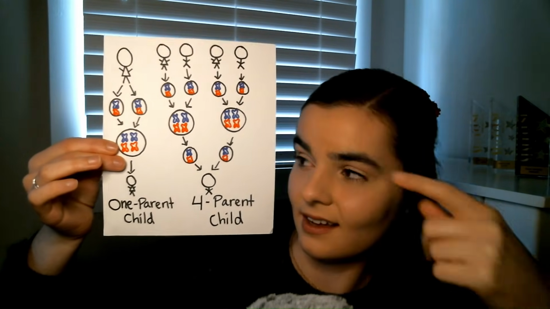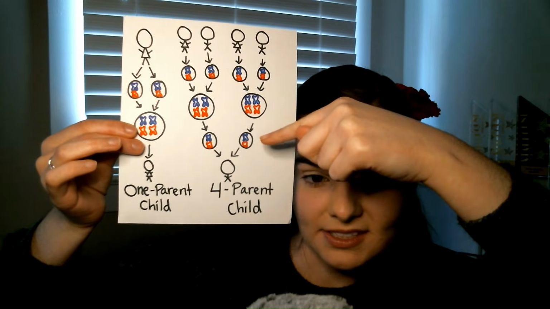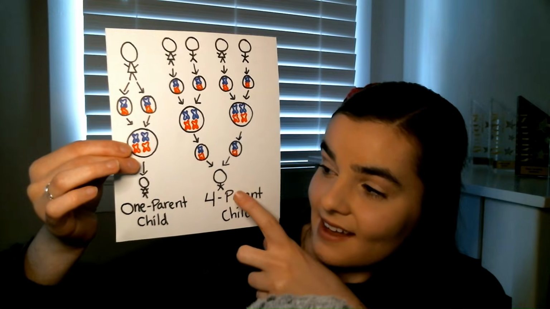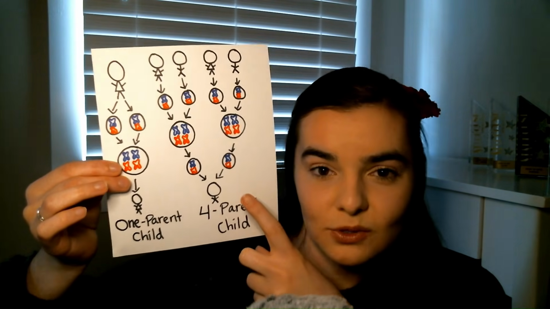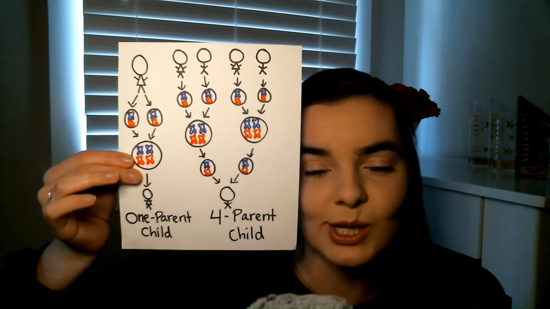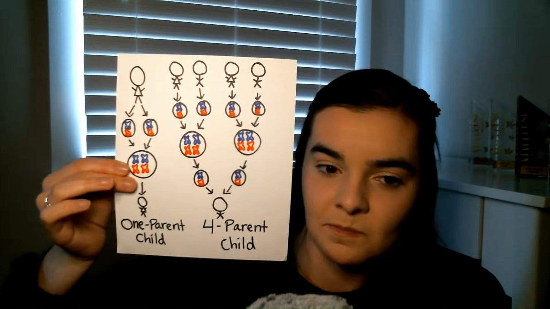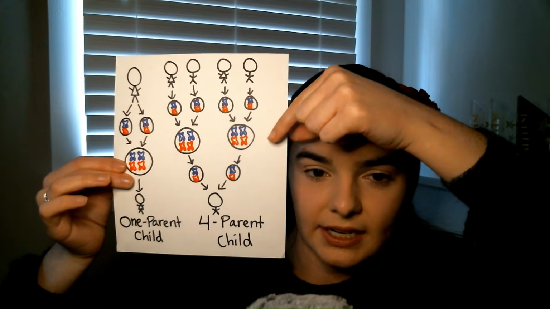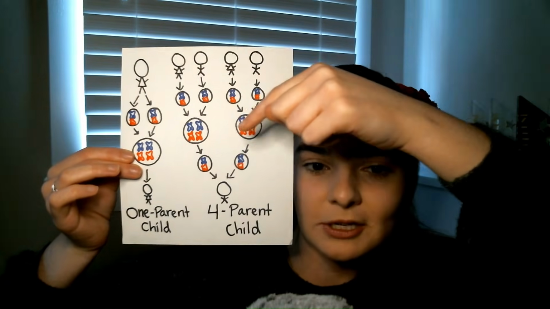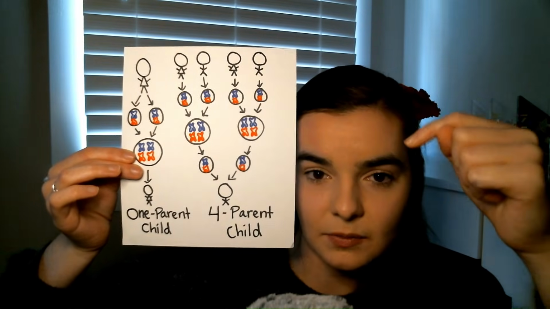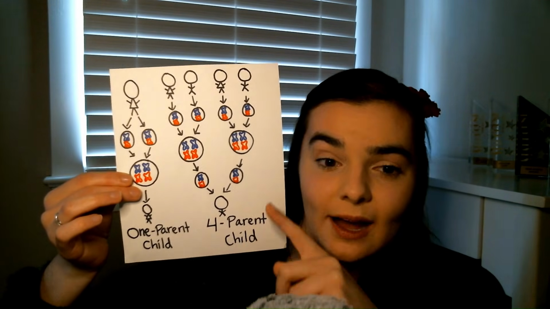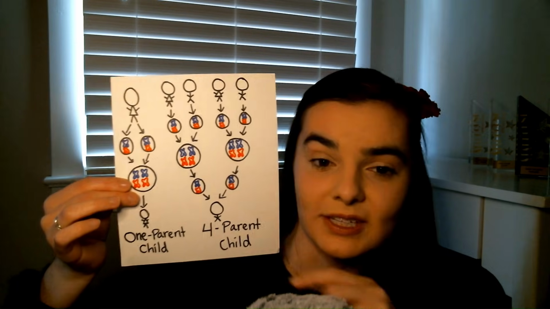We're gonna make a sperm out of this zygote and an egg out of that zygote. And then we're going to use those to make another zygote and our baby. So this zygote is half each of these parents, and this one is half each of these parents. When we make a gamete from each one and then make a baby, the baby is now 25% each of these parents.